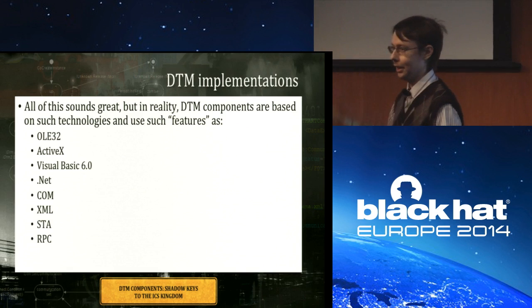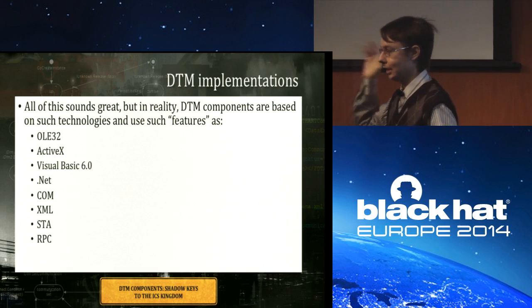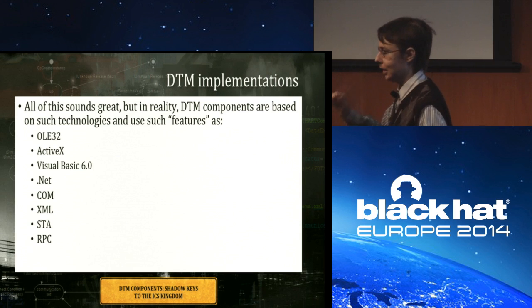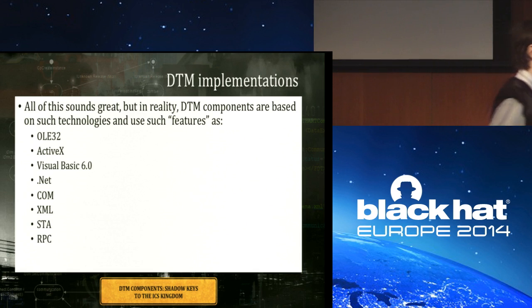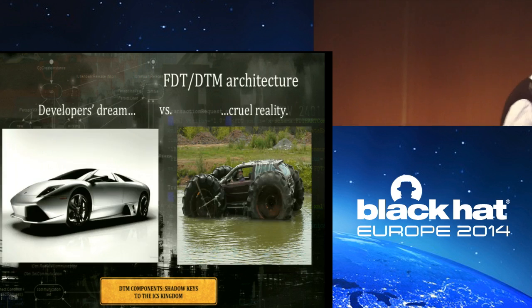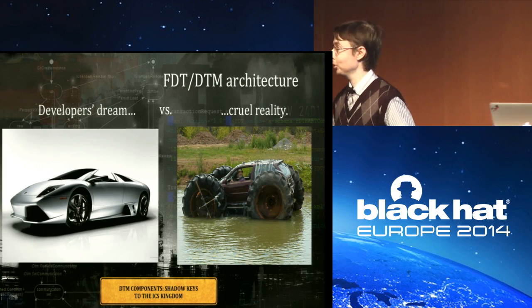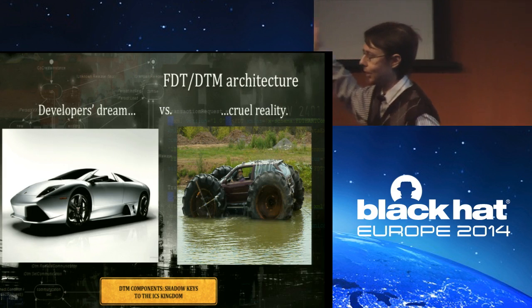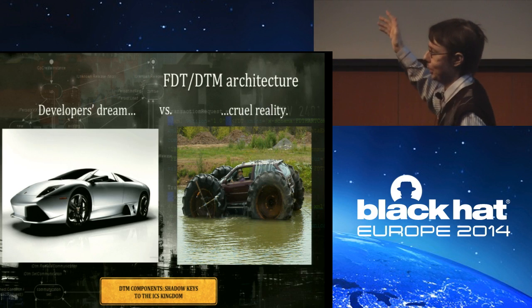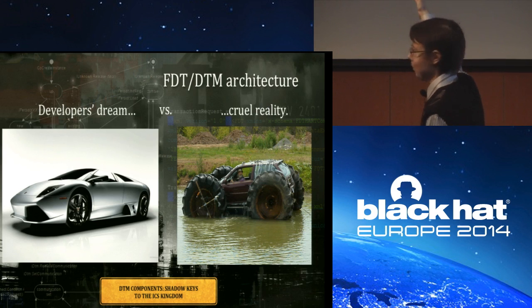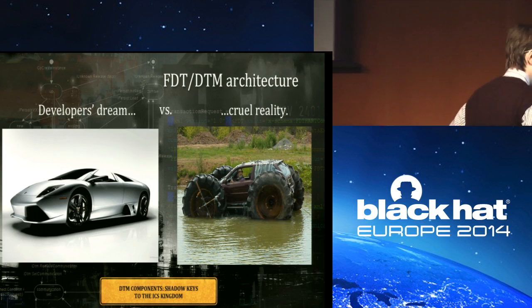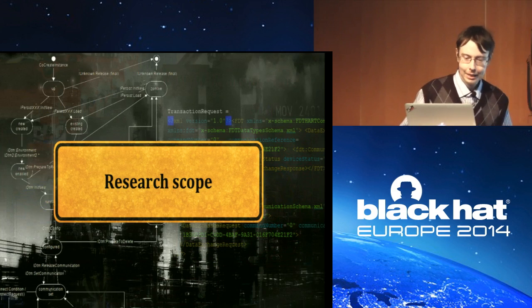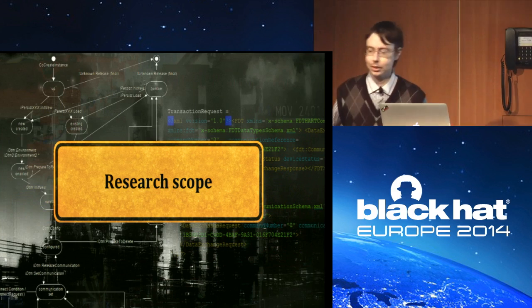XML, STA, the single-threaded apartment, and remote process control, of course, Windows remote process control. So I think when FDT DTM was planned, it should have looked like the great car on the left picture, but in reality it became something like on the right. Strange thing. Okay, now Gleb will continue with our research scope.